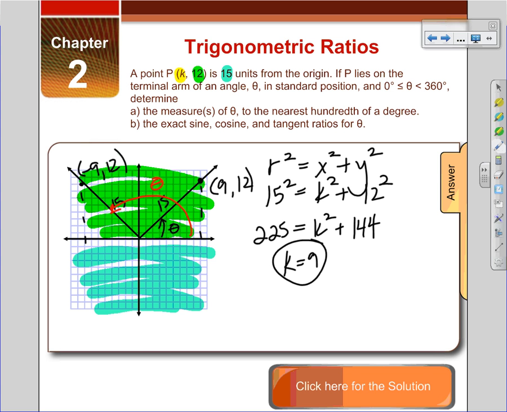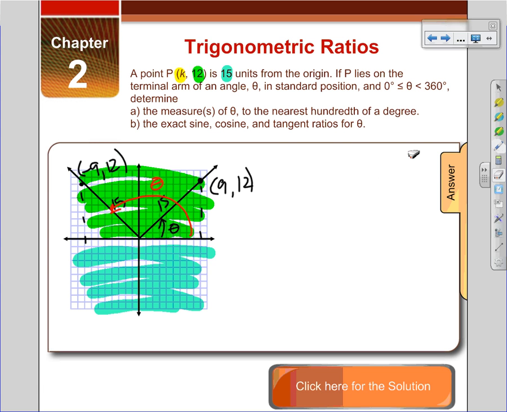So I will just have to erase this work off to the side here, and then we can do that together. And I like to start with question B first, which is find the exact values. So the sine of the value theta, if we talk about SOH CAH TOA, is the y value over the r value. Well, it could be 12 over 15, and for both cases that would be true, either theta.